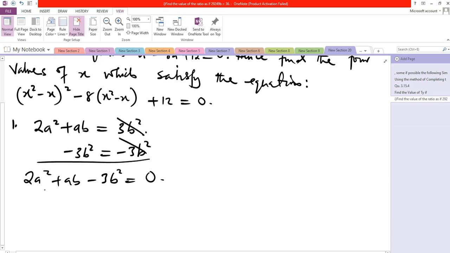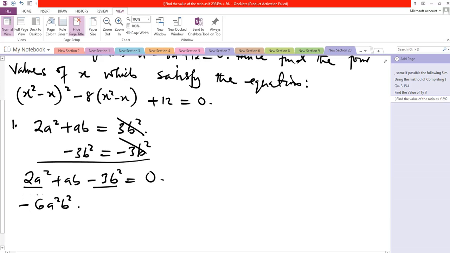Now, for us to solve this, we're going to use factorization method. So what I'm going to do is multiply the first term and the last term together. So the product is minus 6a square b square.